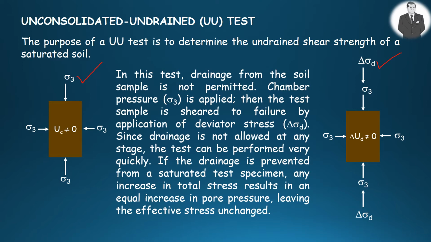Since the drainage is not allowed from a saturated test specimen, any increase in total stress brings about an equal increase in pore water pressure, which leaves the effective stress unchanged.